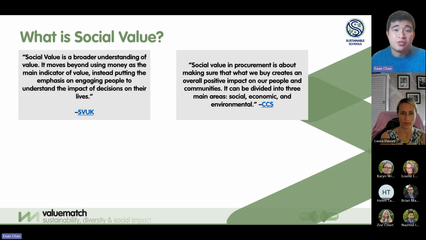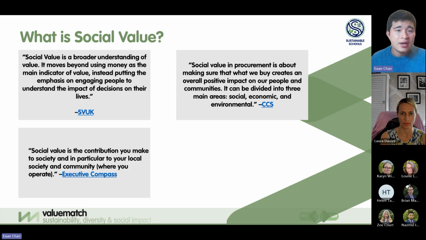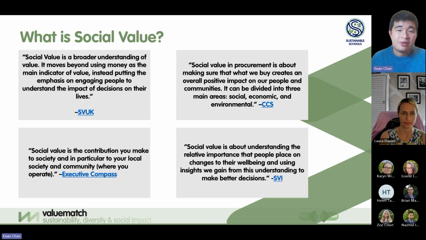It can be divided into three main areas: social, economic, and environmental. Executive Compass says that social value is the contribution you make to society, and in particular to your local society and community where you operate. Finally, Social Value International says that social value is about understanding the relative importance that people place on changes to their well-being and using insights that we gain from this understanding to make better decisions.